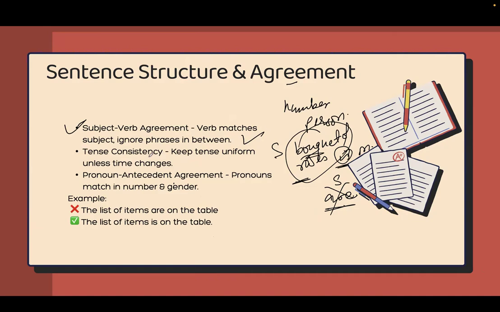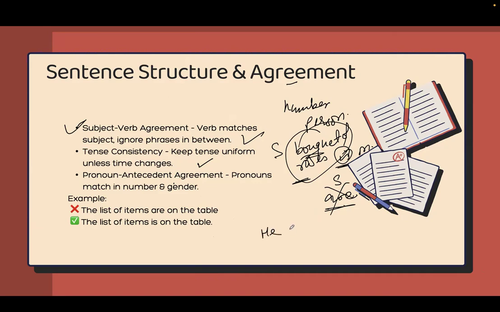The next thing here is that tense consistency should be maintained. When I talk about tense consistency, your tense should be uniform unless time changes. Keep the tense consistent unless there's a clear shift of time.